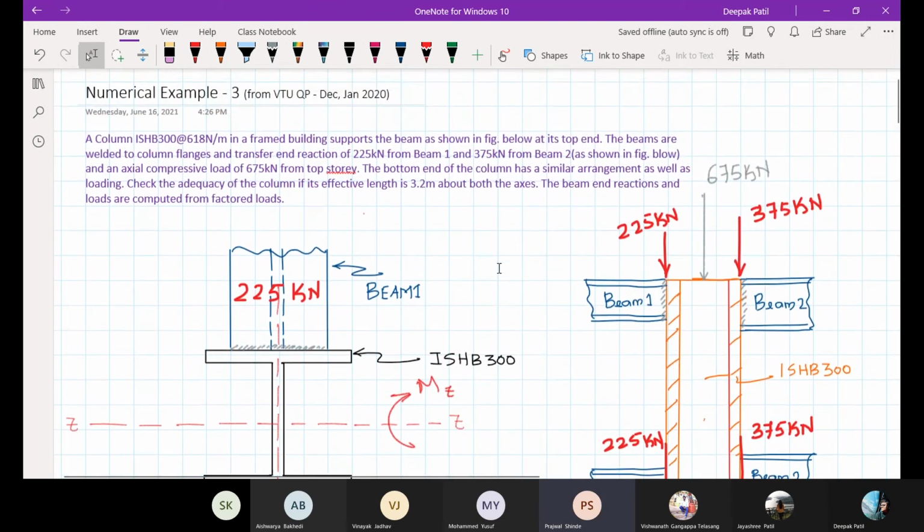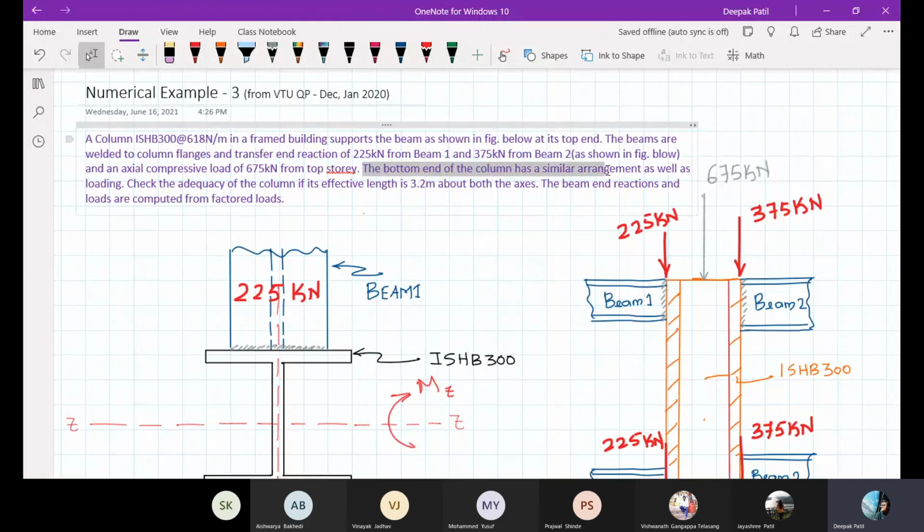Welded connection? No, that doesn't matter at all. The answer is in front of you. In the statement only you can find the answer. Similar arrangements of loading. Yes, perfect. You can see here in the statement, they have given that the bottom end of the column has a similar arrangement as well as loading.